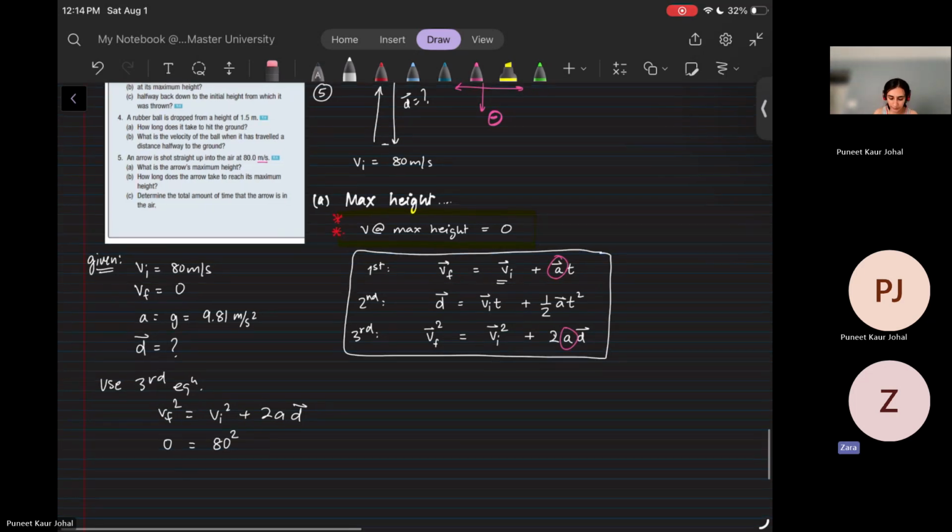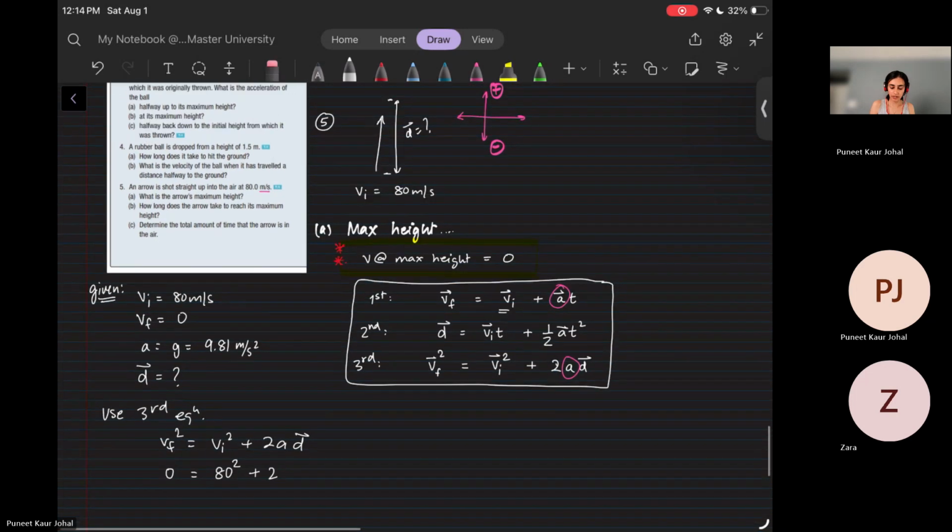Up is positive. What about acceleration? It's 9.81. Should I add the negative or should it stay positive? Where is gravity always acting? So down, so then we add a negative sign. Very good, exactly.